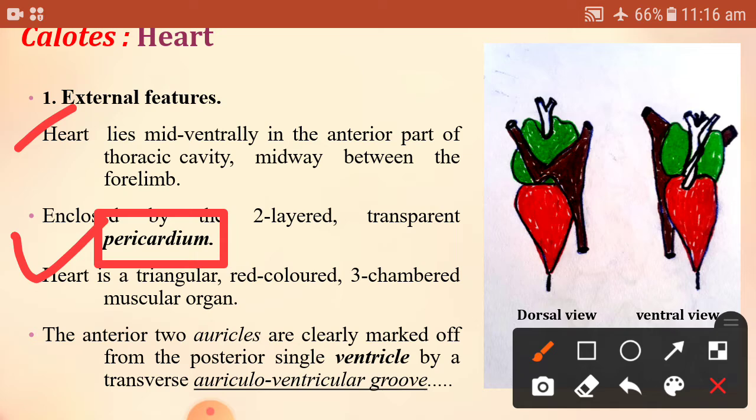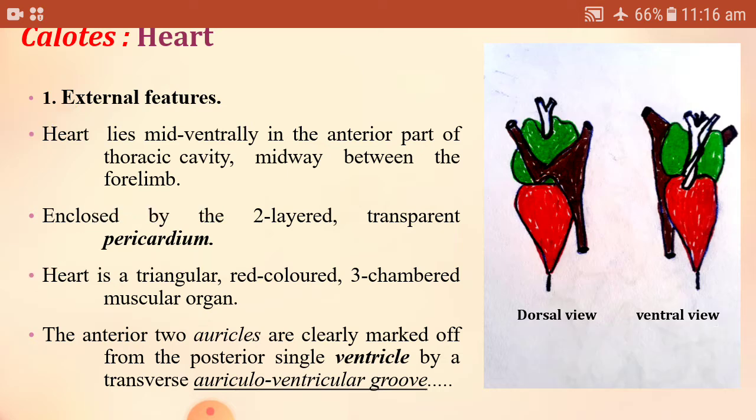We know that Calotes belongs to the phylum Reptilia. In Reptilia there is a three-chambered heart. So in Calotes also there is a three-chambered heart, that is having two auricles and a single ventricle.